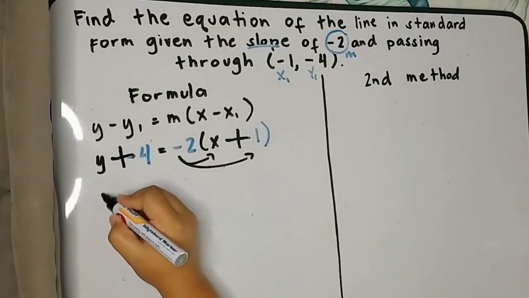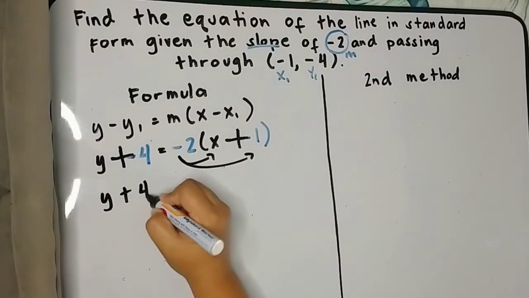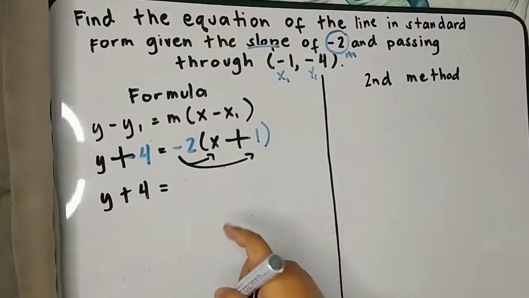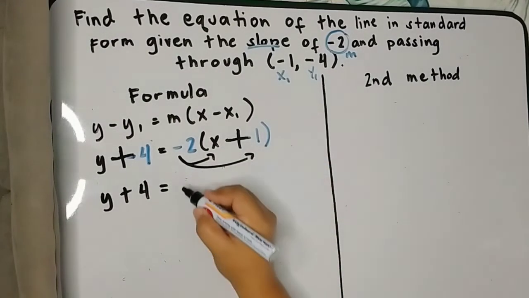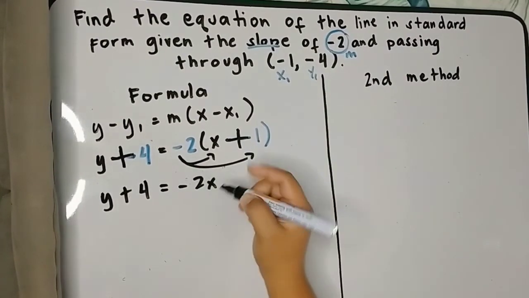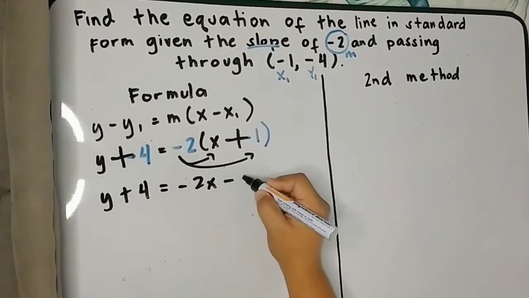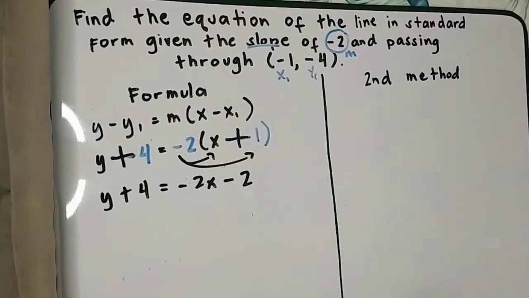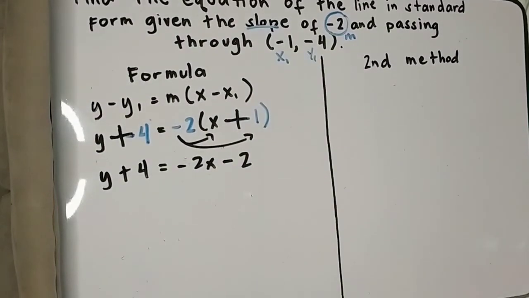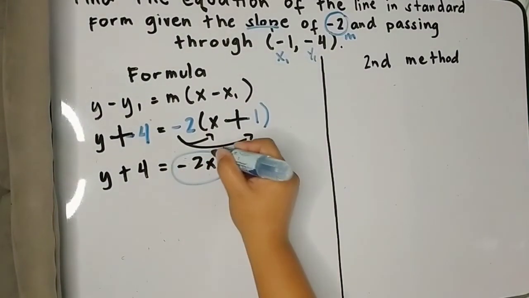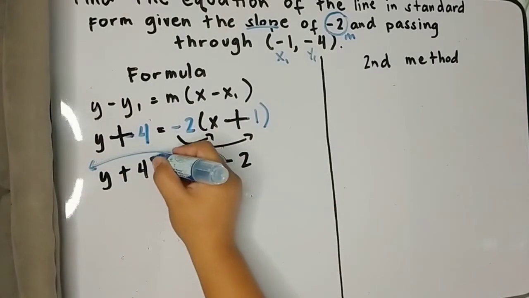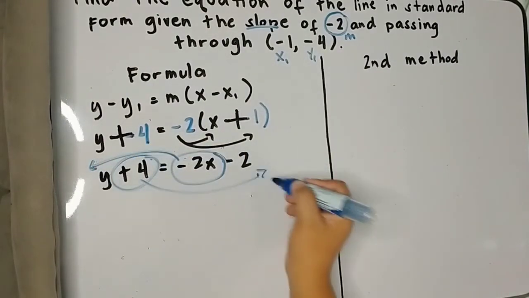So, copy. Y plus 4 equals. So, negative 2 times x, that is negative 2x. Negative 2 times 1 is negative 2. Then, transpose. So, negative 2x, transpose natin sa left side. Positive 4, transpose sa right side.